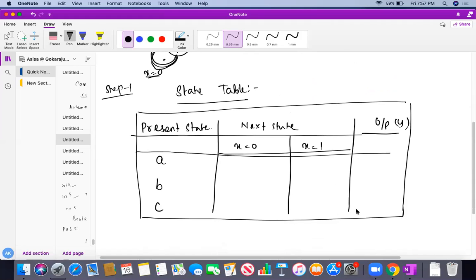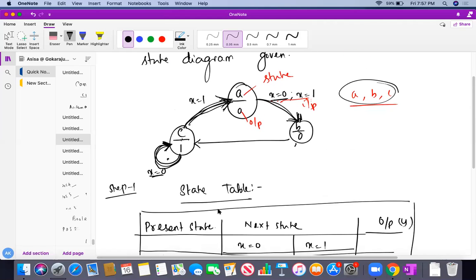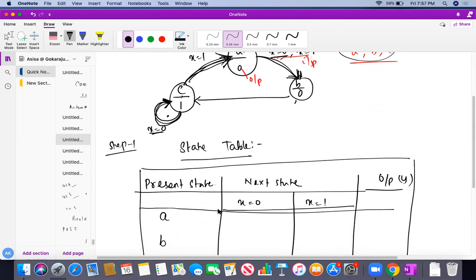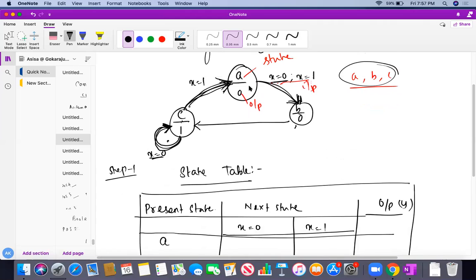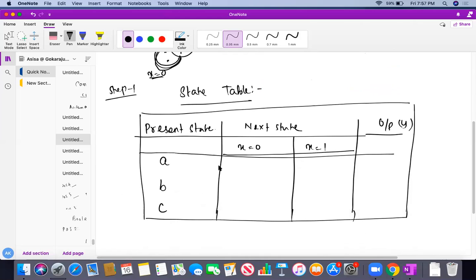You have to obtain this state table from the given state diagram. Here the information is not given as a table, just as a state diagram, and from that you have to derive it. Now I am at the present state A. I am going to B when input is 0 as well as when input is 1. So my next state would be B for input 0 as well as B for input 1.